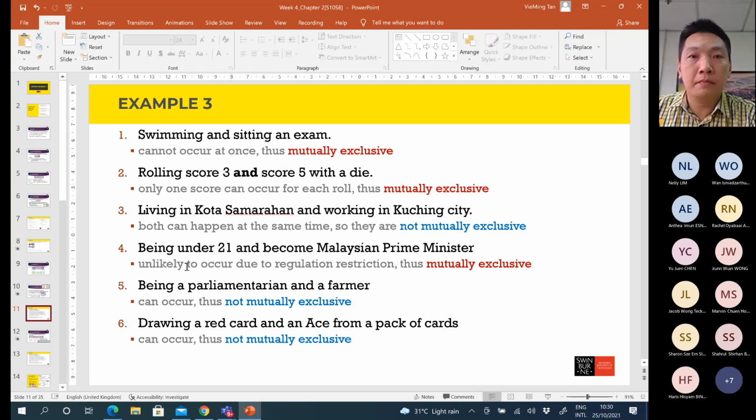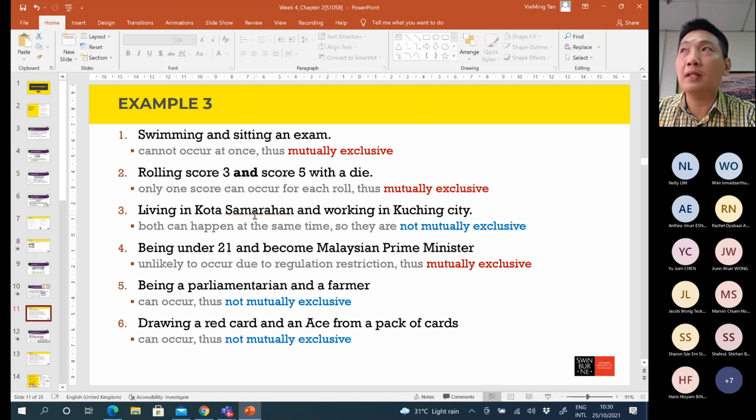Next example is living in Kota Samarahan and working in Kuching City. Bear in mind, for those who are not staying in Sarawak or Kuching, Kota Samarahan actually is very near to Kuching. It's just like in KL, Selangor and KL. So it is possible to live in Kota Samarahan and work in Kuching.